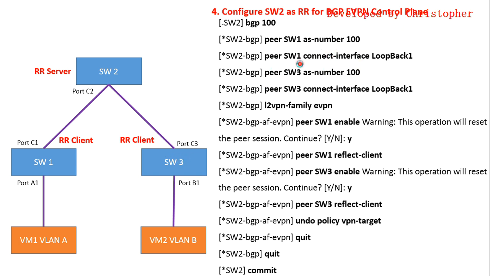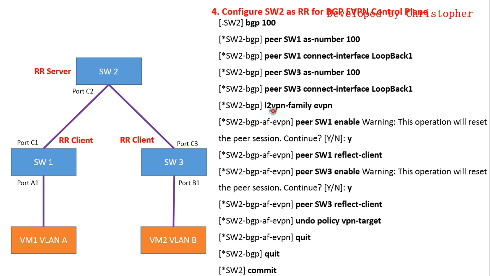And then connect-interface loopback. This means switch 2 will connect with switch 1 and switch 3 via its loopback. It will never die, unless you unplug its power supply, then it will die definitely.